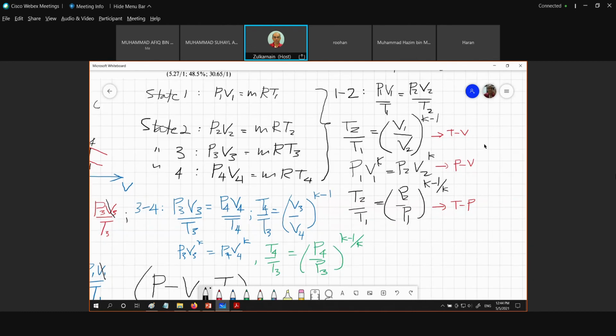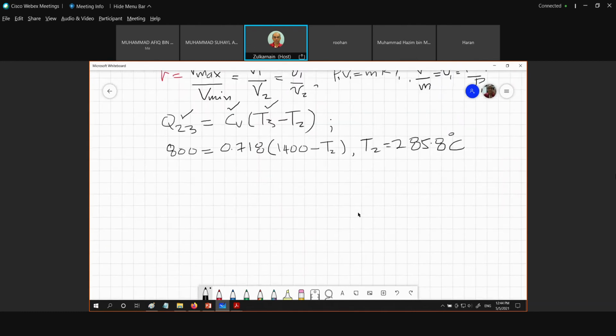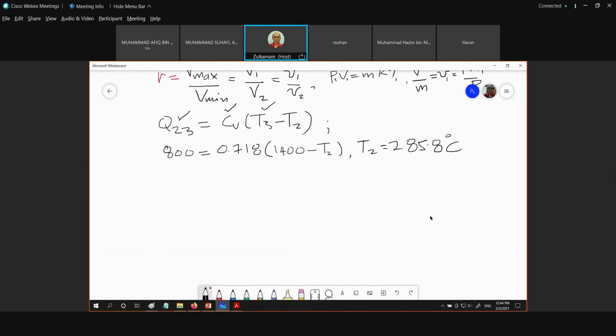We know T1 and T2, so T2 over T1 is equal to (V1 over V2) to the power of k minus 1.